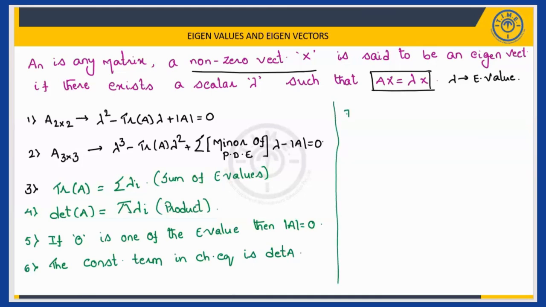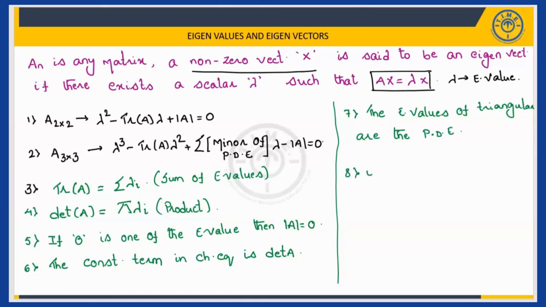And again, the eigenvalues of a triangular matrix are the principal diagonal elements.